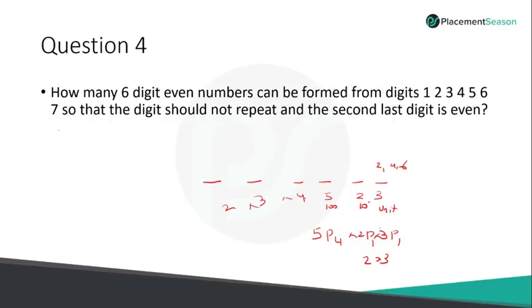So when you multiply all these, you'll get the answer 720. So the answer should be 720 6-digit even numbers that can be framed using these digits, where the second last digit is also an even number.